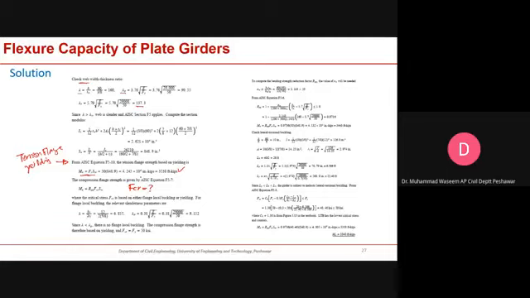Now you have the width as 12 inches and the thickness as 7/8 inches. The thickness of the flange is 7/8 inches and the thickness of the web is 3/8 inches. Now you have to check the flange compactness.